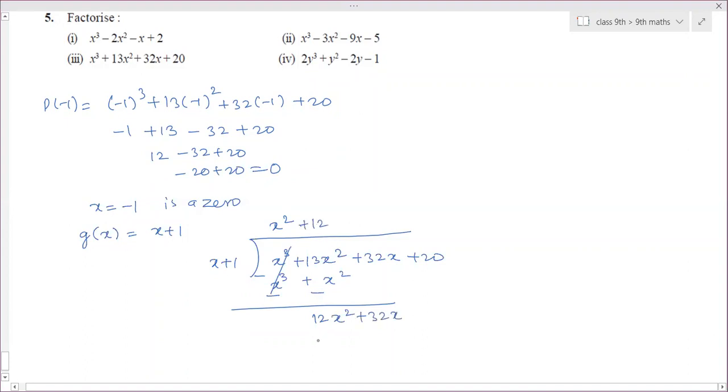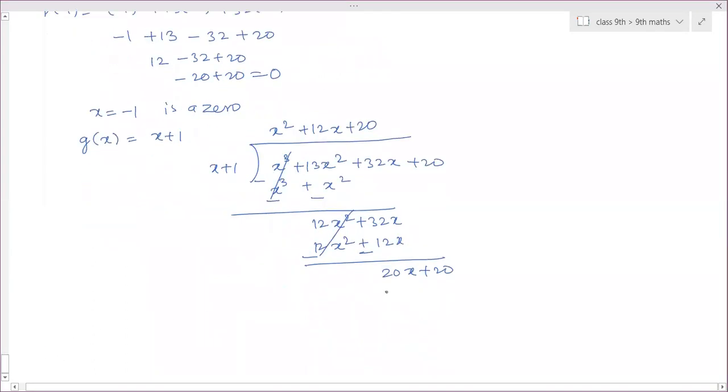Okay, very good. So 12x square plus 12x, this gets cancelled. This is 20x plus 20. The quotient is plus 20. So 20x plus 20, minus minus, this gets cancelled, 0.